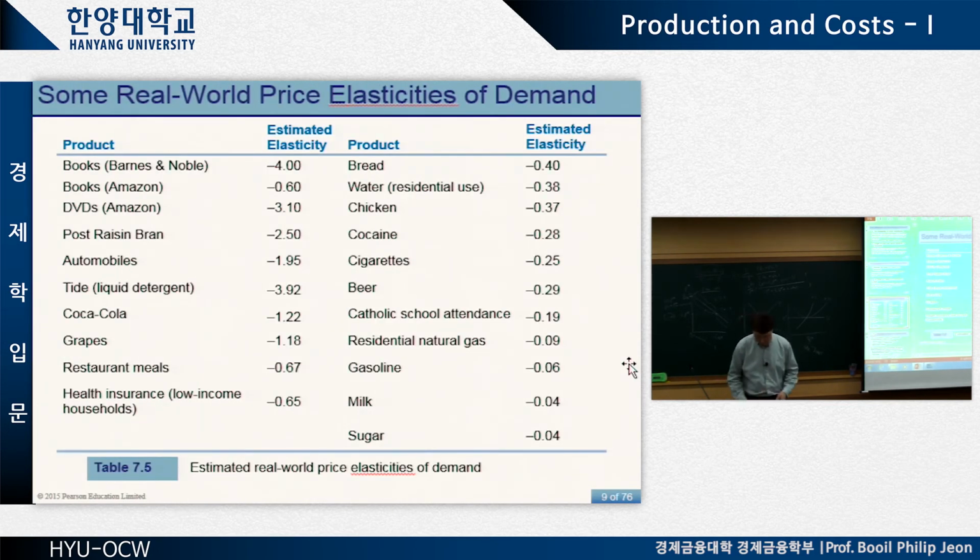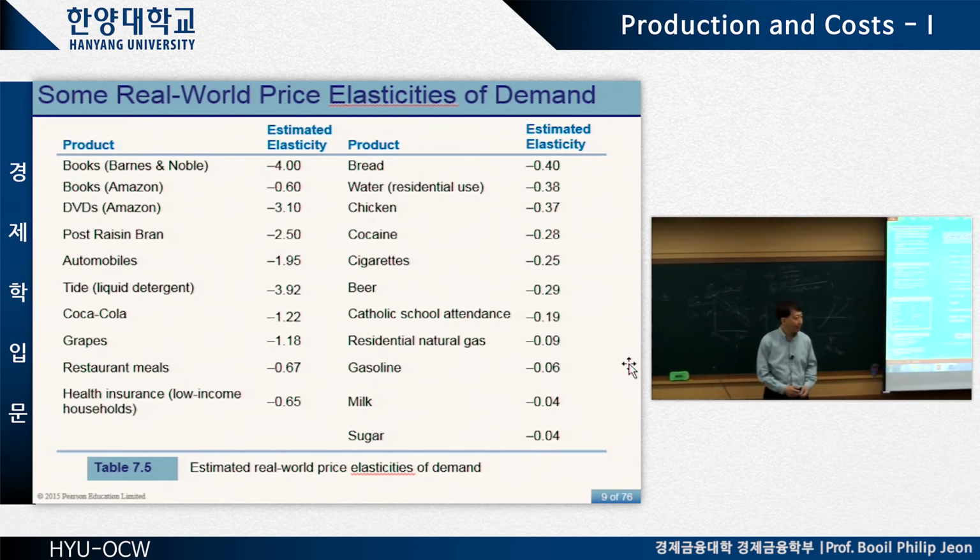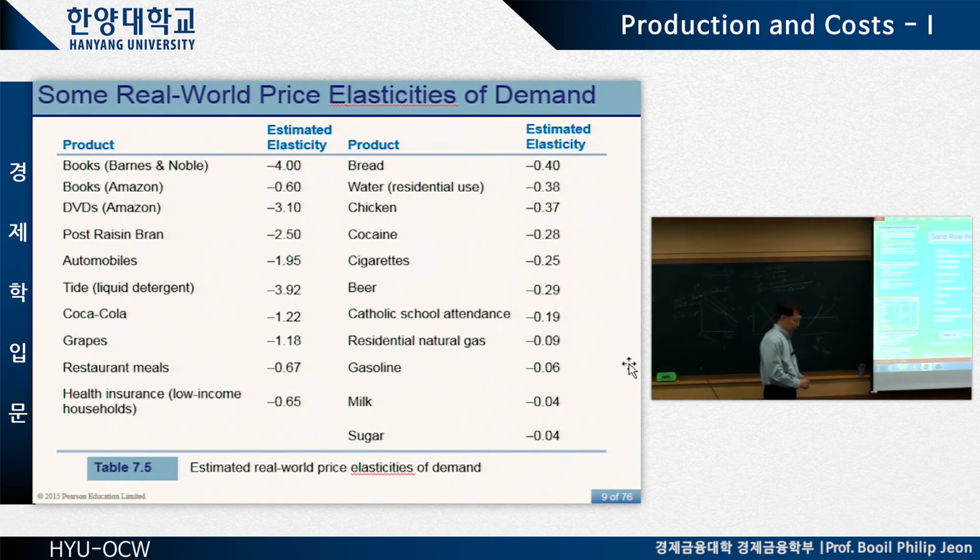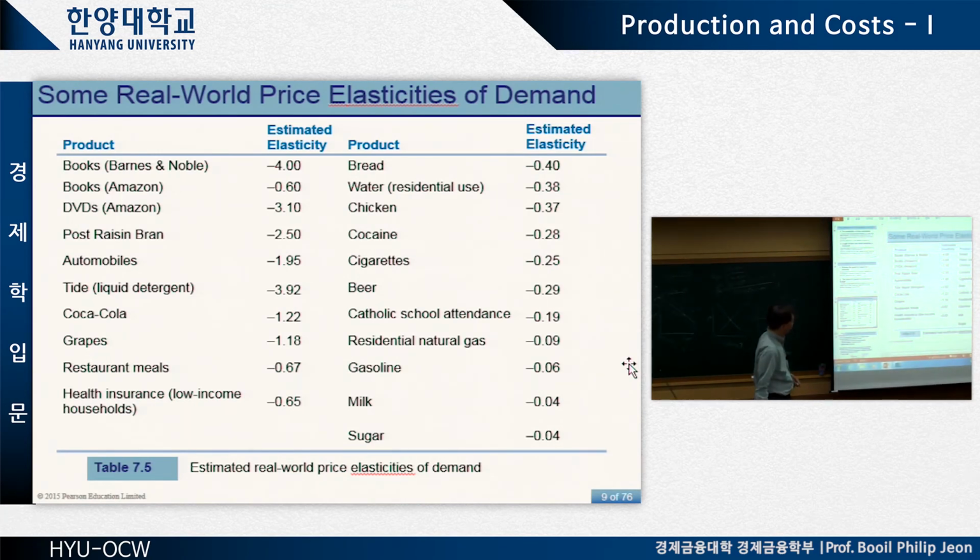So here are a few examples of real-world elasticity measurements, and some of them are quite interesting. First of all, books. Books sold in bookstores, what they call bricks and mortar bookstores, actual bookstores. That's very high, elasticity is -4.